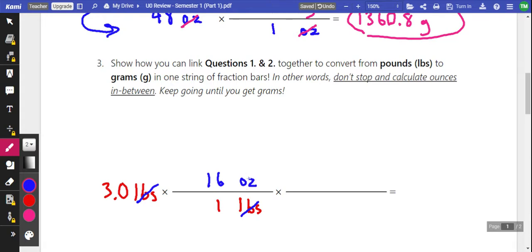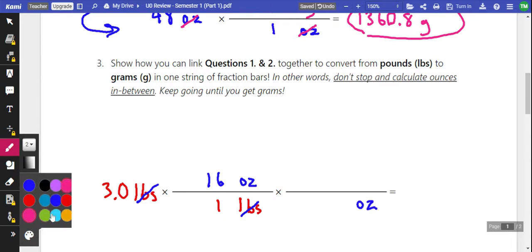So this should help me cancel out my pounds, and I'll be left with my ounces unit right here. But if I'm not done there, I can continue on and get rid of this unit next. If I wanted to get rid of ounces, I just have to make sure it's on the bottom of the next fraction bar. So rather than calculating and stopping here and getting an answer and then moving on to another separate calculation, I can say, hey, I'm not done yet. I don't want ounces, so I'm going to get rid of it next by putting it on the bottom of my next fraction bar.